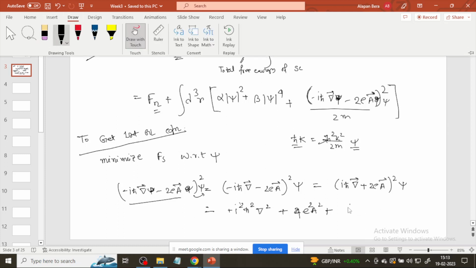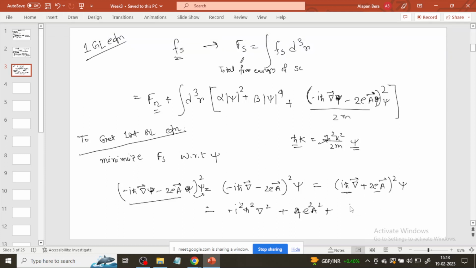First operate this thing on psi, so iħ delta A here will be 2e, plus 2e iħ A dot delta.